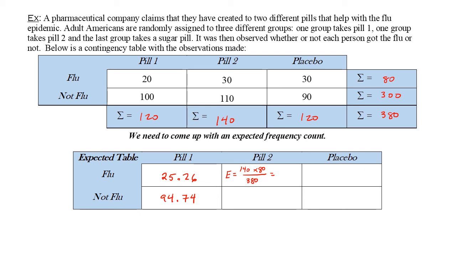Okay, 140 times 80 divided by 380 gives me, let's see, about 29.47.